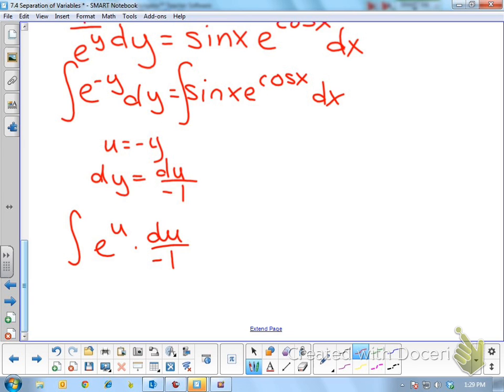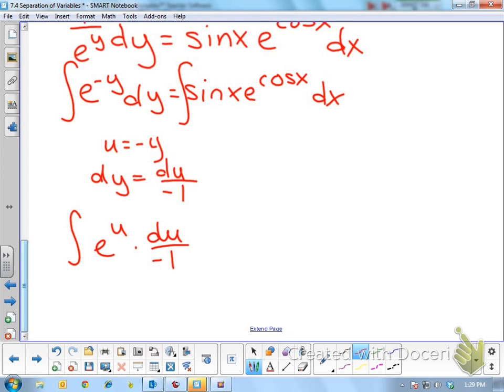Now on the right side, what are your guesses for how we should integrate the right side? So we're thinking u and dv. But what's going to happen when we try and integrate this as dv? So we have to do u sub again.